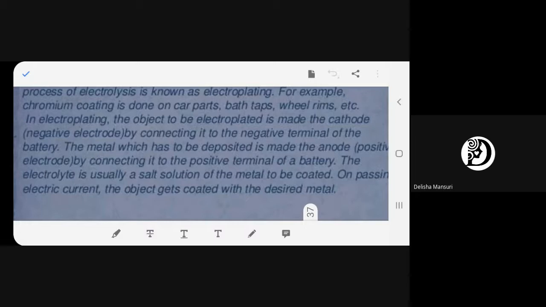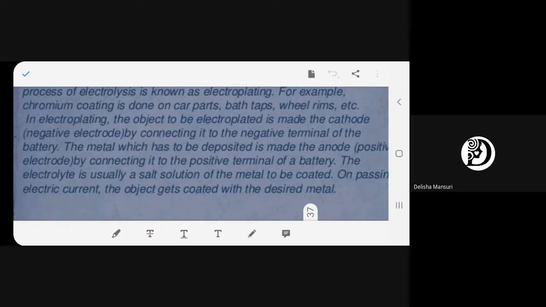The metal which has to be deposited is made the anode, the positive electrode, by connecting it to the positive terminal of a battery. The electrolyte is usually a salt solution of the metal to be coated. On passing electric current, the object gets coated with the desired metal.